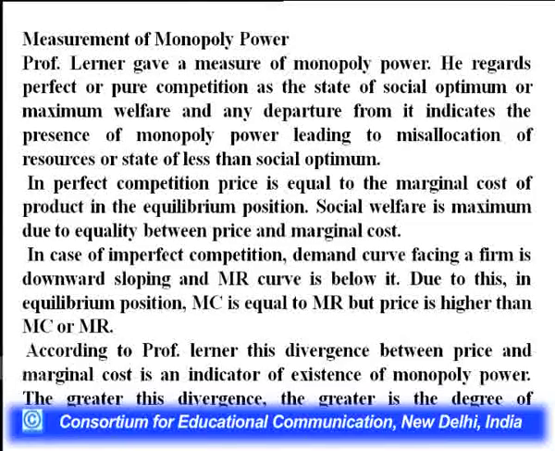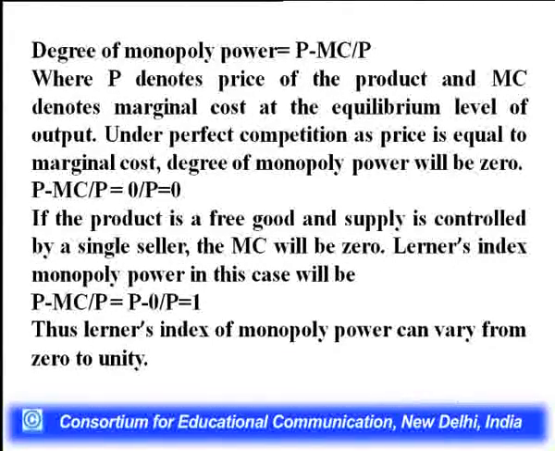The greater this divergence, the greater is the degree of monopoly power possessed by the seller. So, actually monopoly power refers to the difference between price and the marginal cost.